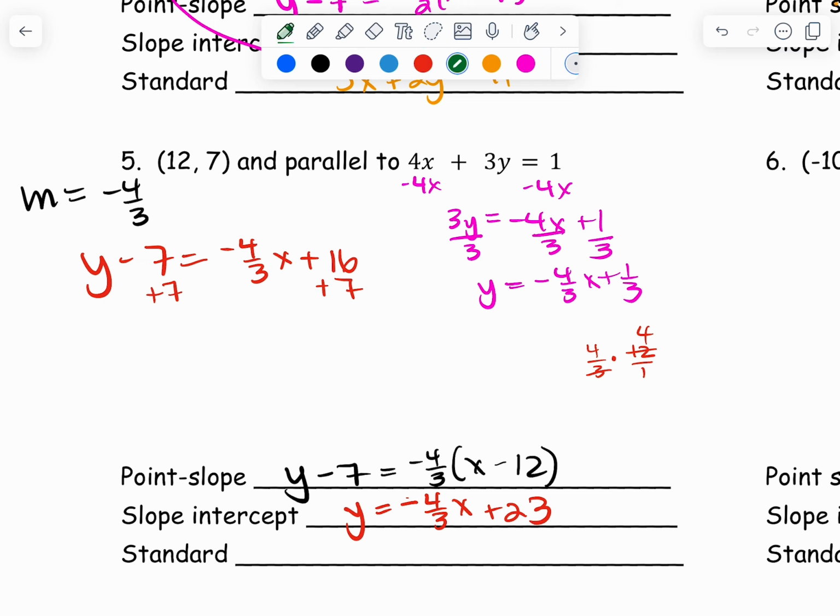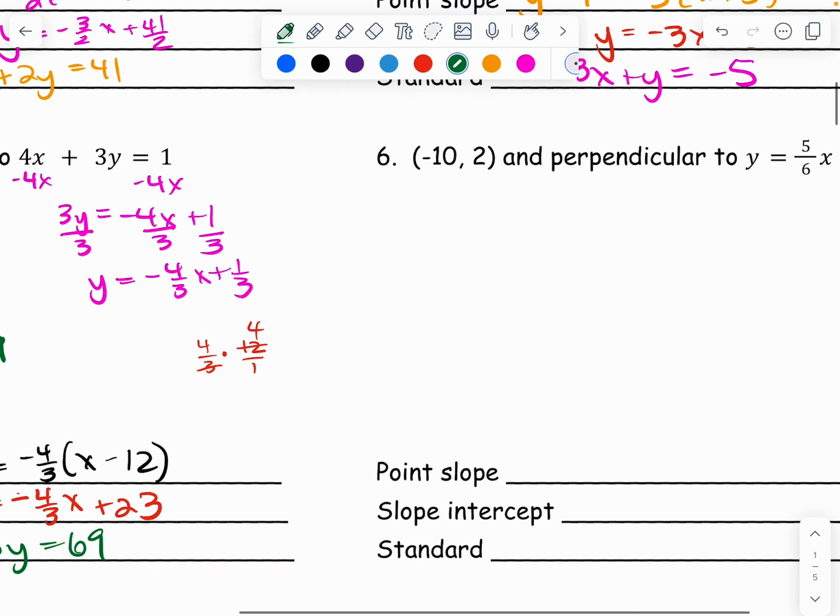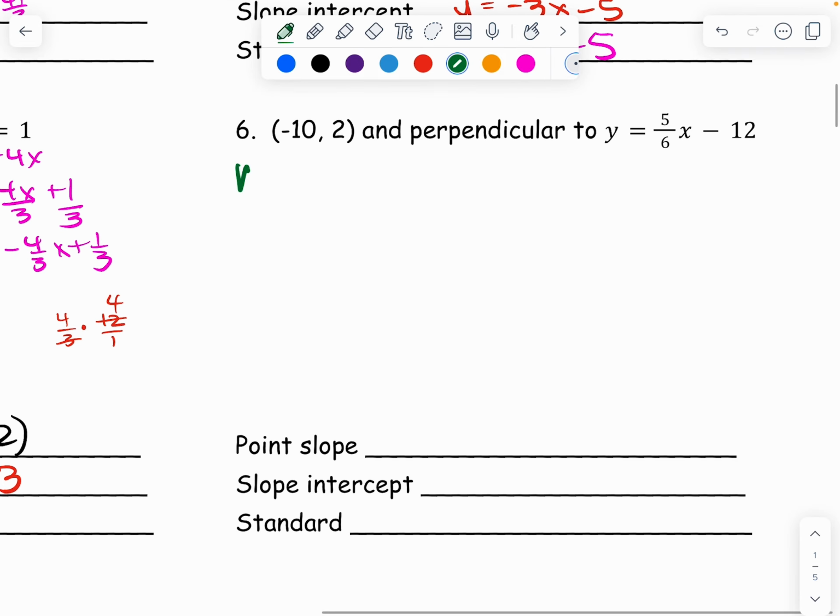And last but not least, I'm going to multiply everything by 3, so I'm going to get 3y equals negative 4x plus, multiply that by 3, and I'm going to get 69. Add that 4x to both sides, so 4x plus 3y equals 69. Okay, next one, perpendicular.